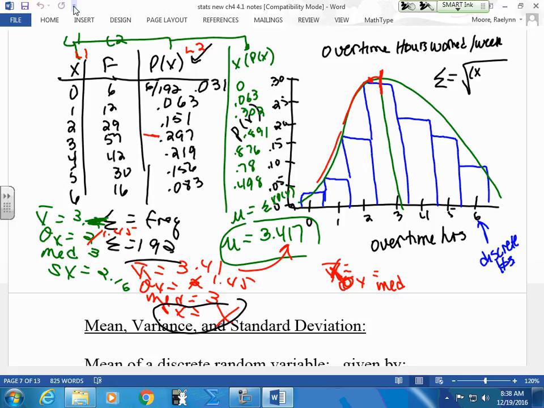And it was the difference of the squares divided by n. Okay, when you did the sample, it was the sum of the squares divided by n minus 1. N minus 1 to give me that.